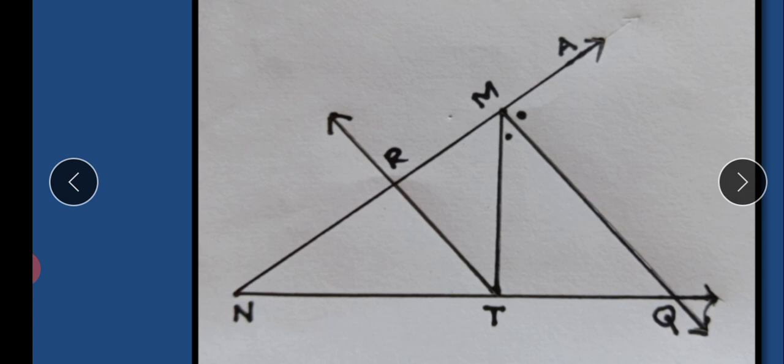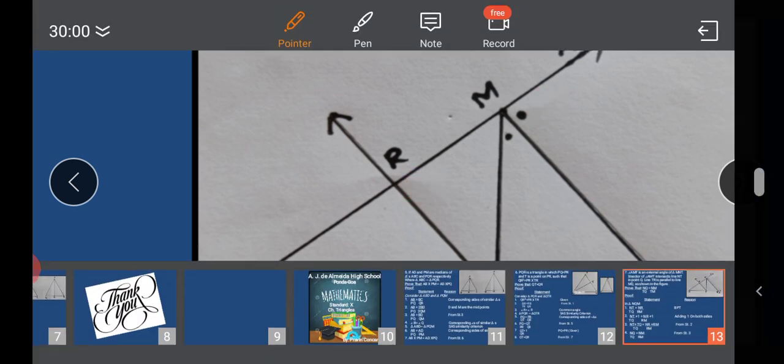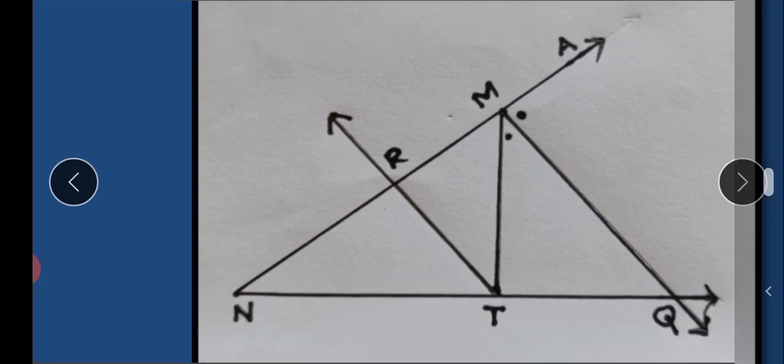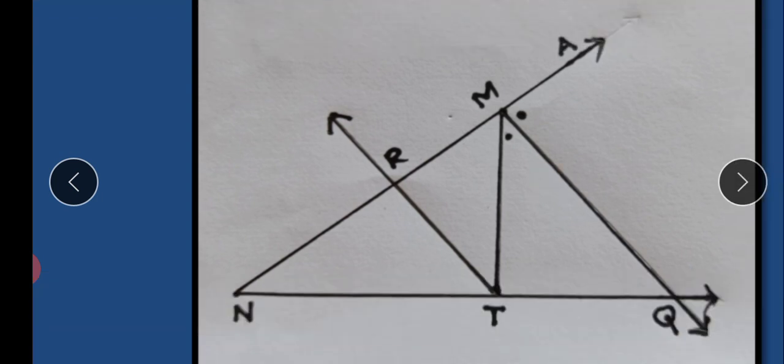This angle is equal to angle MRT, because they are corresponding angles. And the second one, angle QMT, is equal to angle RTM, because they are alternate angles. Now see, this angle is equal to this angle is equal to this angle, and these two angles are equal, therefore these two angles are also equal.